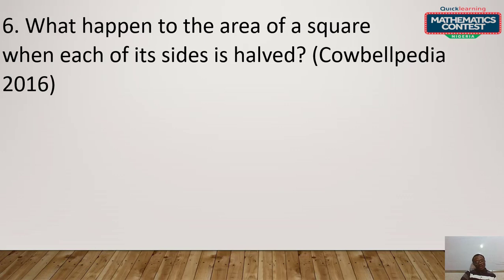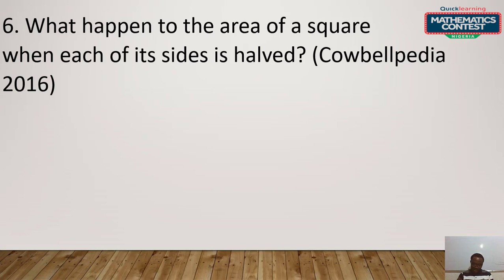Okay, now let's look at number 6. This question says, what happens to the area of a square when each of its sides is halved? Now let's actually explain this. Get a piece of paper while we explain.